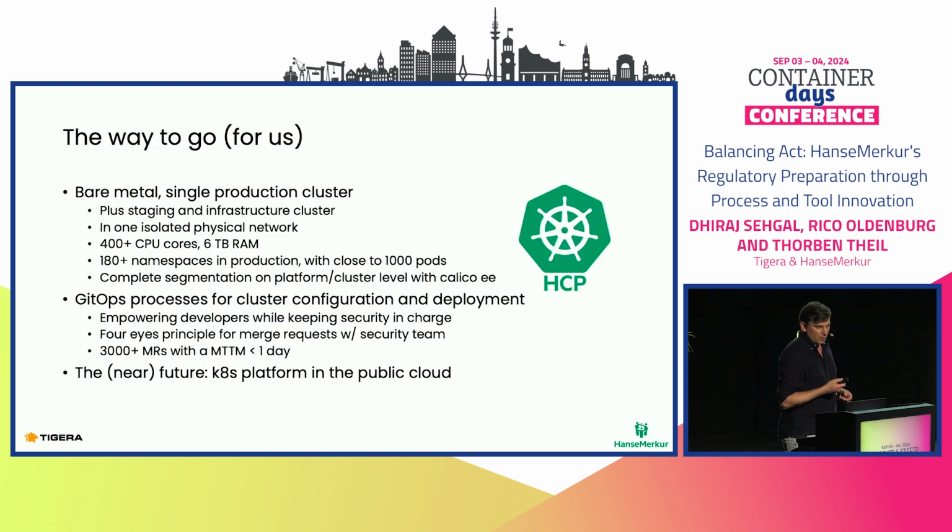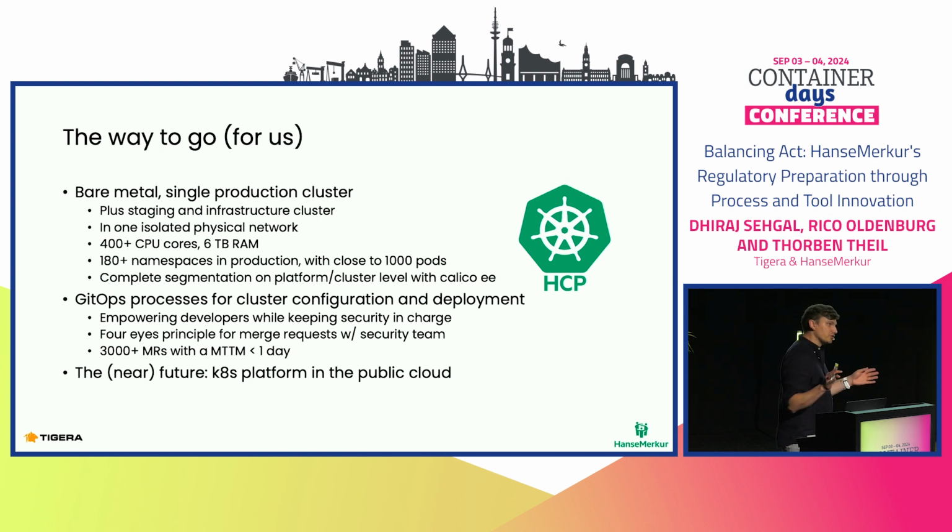So what did we do? What did we learn? What was our approach to face those regulatory concerns and our first technical concerns? We went bare metal, of course. I think right now we have 3 bare metal clusters. The production cluster is about 400 CPU cores and 6 terabytes of RAM.